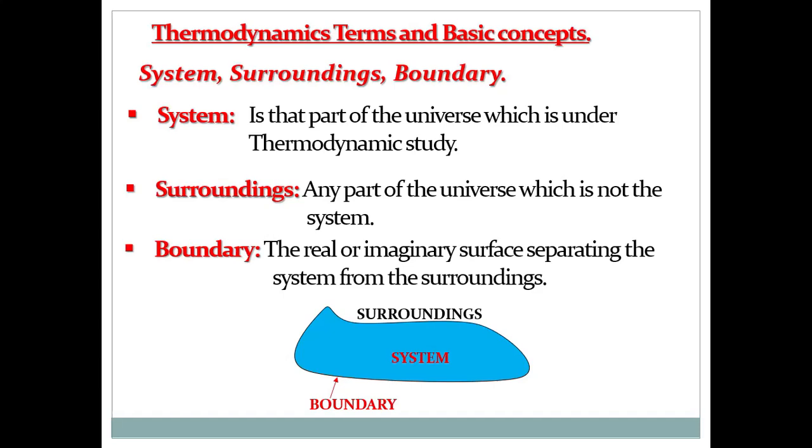So some key terms we heard about: system. So what is a system? A system is that part of the universe which is under thermodynamic study. When I am talking about a vacuum flask, there is that interior part of the flask which keeps maybe hot water hot. Then there is that glass, and then there is the outside.